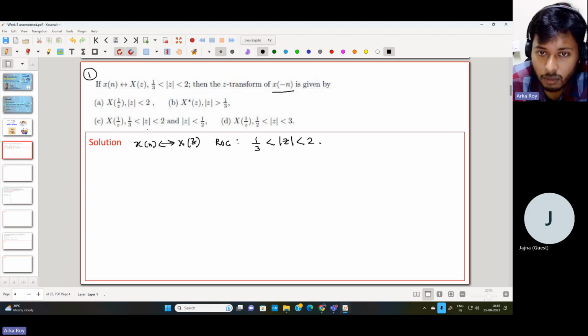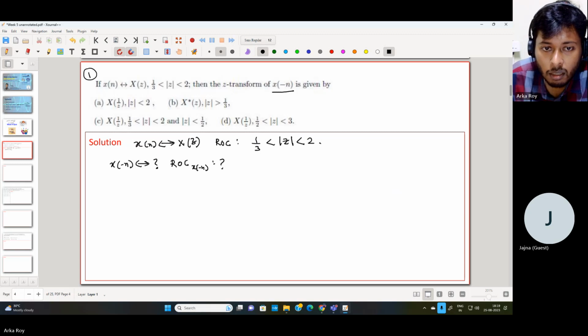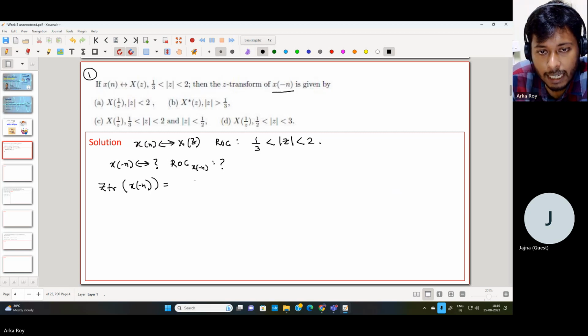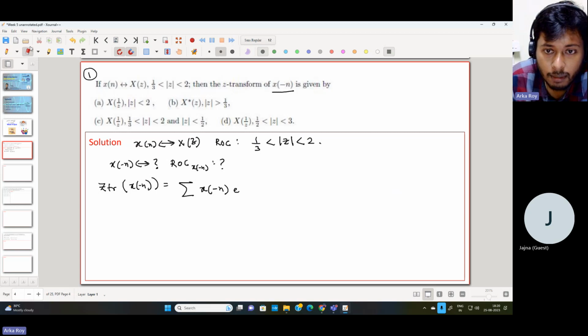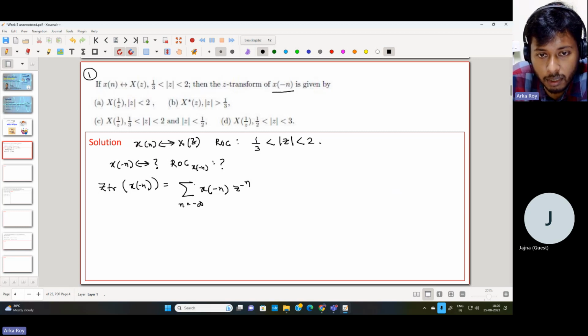So let's first start with solving what is the Z transform of x[-n], followed by that we'll check what is the ROC of x[-n]. Okay, so the Z transform of x[-n], as per the definition, I can write as the sum of x[-n] z^(-n), where n is running from minus infinity to infinity.